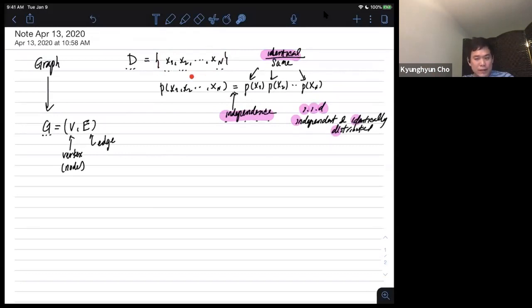In the case of IID samples, each and every data point should be independent and identically distributed. In the cases we just talked about, this IID assumption doesn't really hold. In the case of the social network, users may be identically distributed, in the sense that there is a single, very complicated distribution that describes the entire population and we sample from it, but they are not independent, because we look only at samples that are related to each other. Who uses Facebook, for instance?